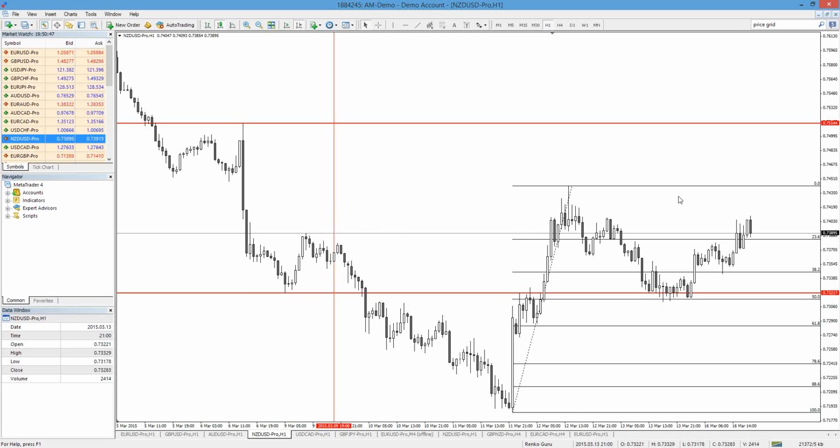But 90% of the time, I'm doing it when the price is pulling back within the zone, because trading within the zone is usually the most profitable. It gives you better chances to grab pips.